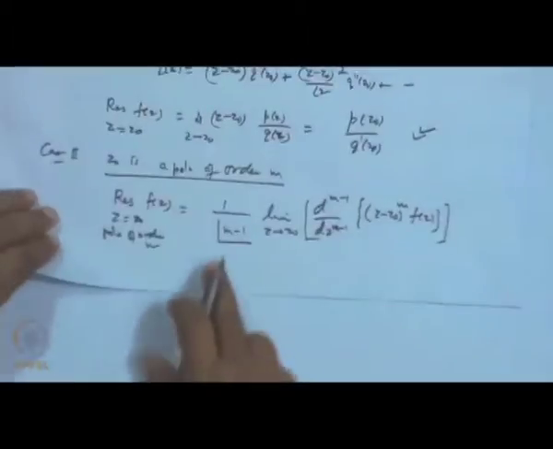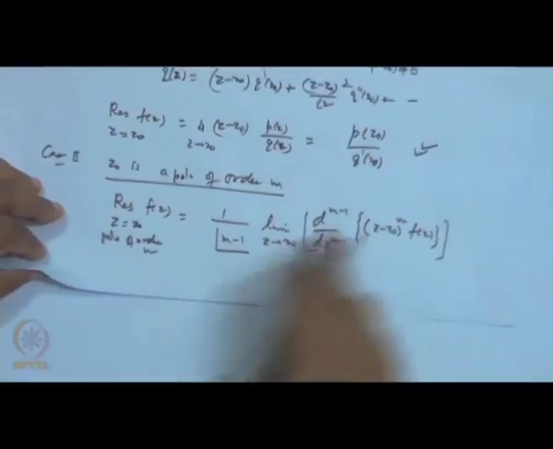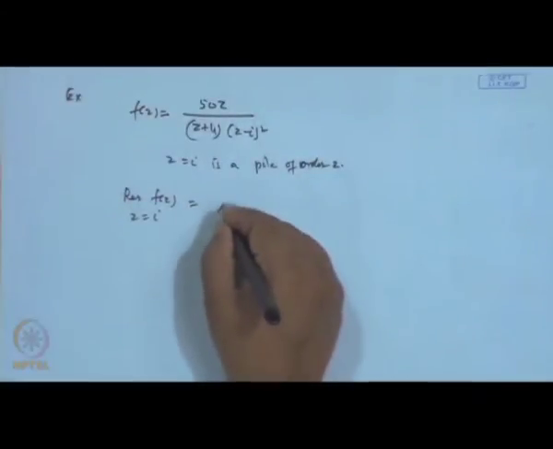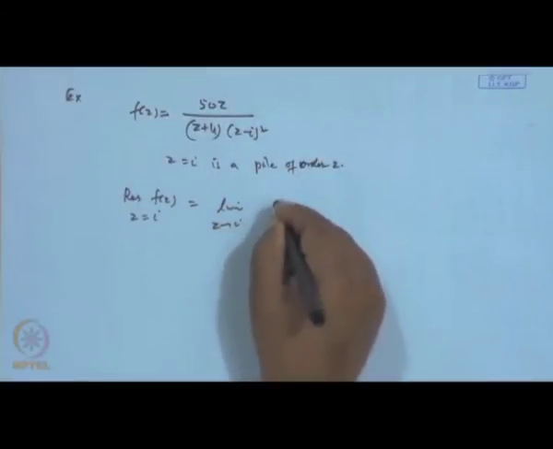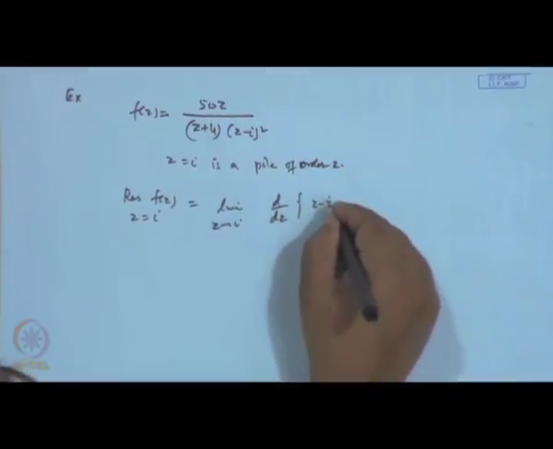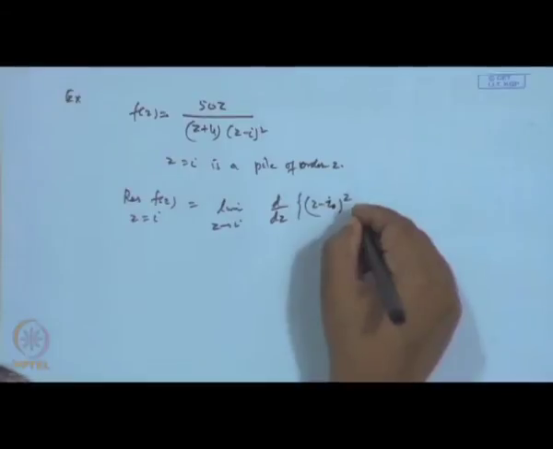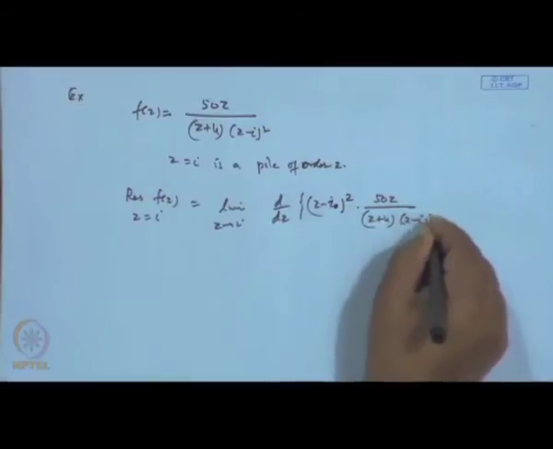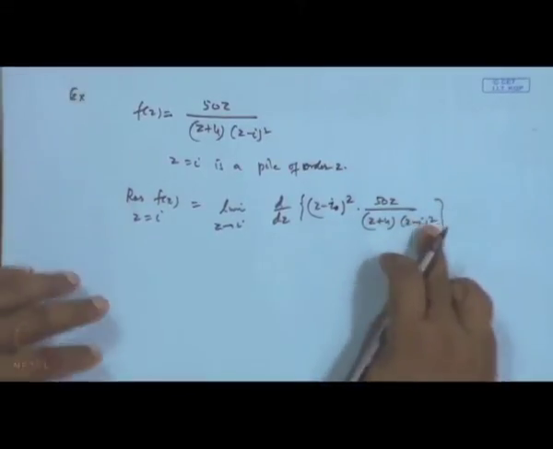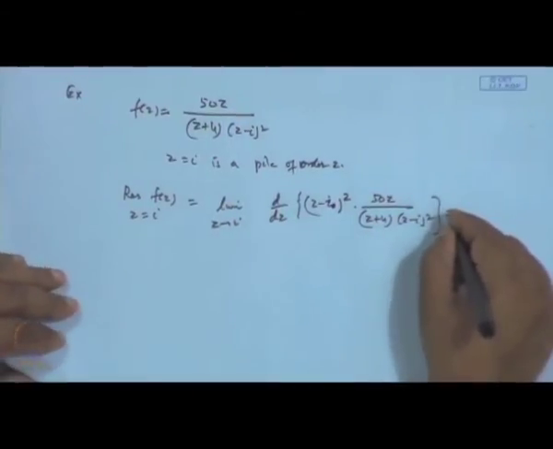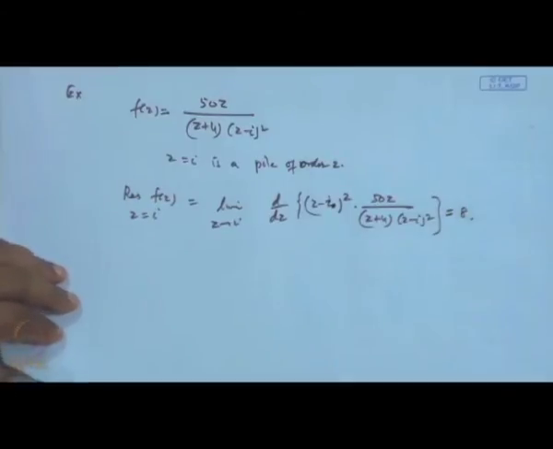Here m is 2, so 1 over factorial (m minus 1) becomes 1, and we take the derivative d by dz of this. So simply it is the limit as z tends to i of d by dz of (z minus i) whole square times f(z), which is 50z over (z plus 4)(z minus i) whole square. First this will cancel and then differentiate it. After differentiating and substituting the value, you will get the answer. So, that way we can find it.